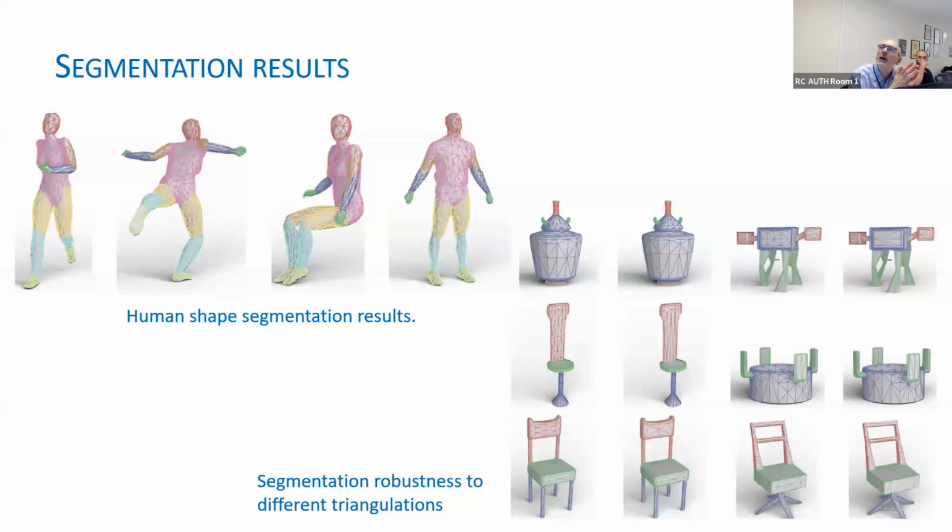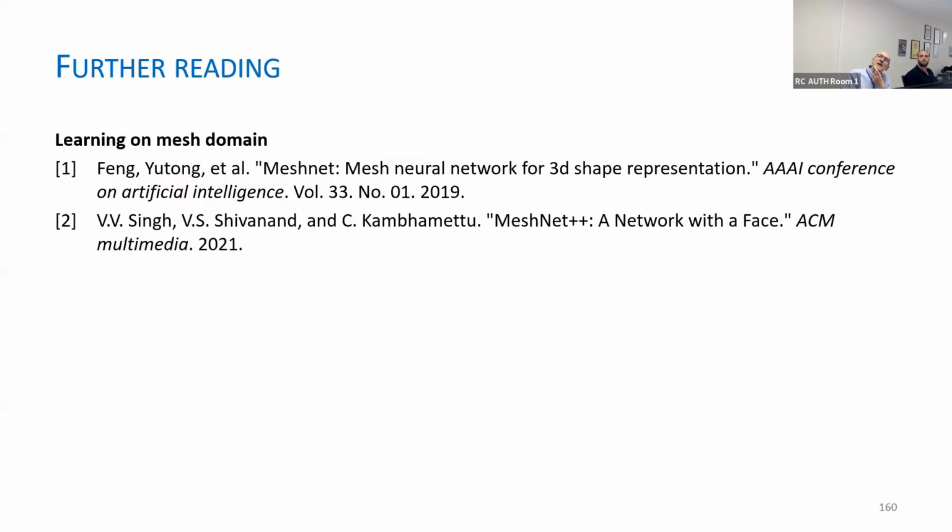And so we can see that in most of the cases, the network is capable to produce the same result for the segmentation, so the same labels also for different triangulation.